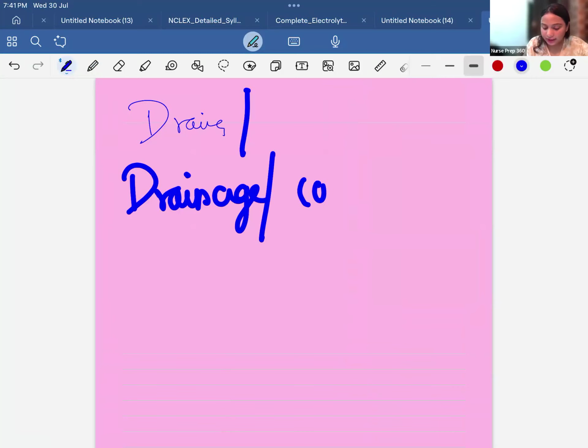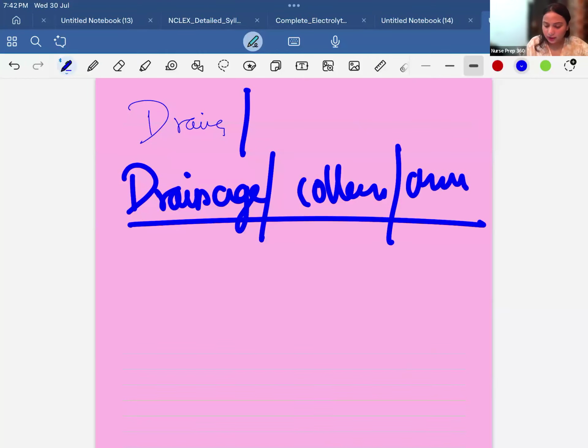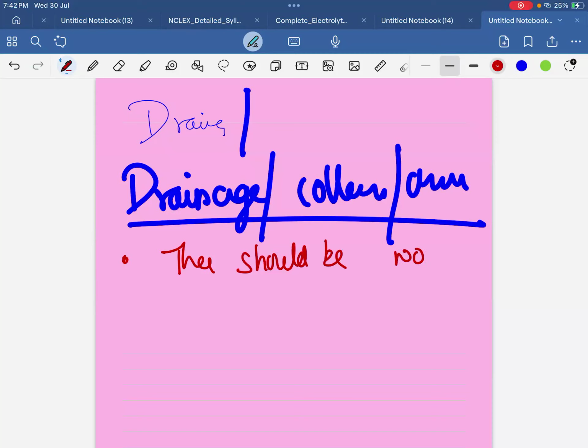You can call it collection chamber, collection bottle, anything you want to. First thing, there should be no tidaling, because there is vacuum and the fluid is being collected. So there should be no turbulence, no tidaling. Understood?